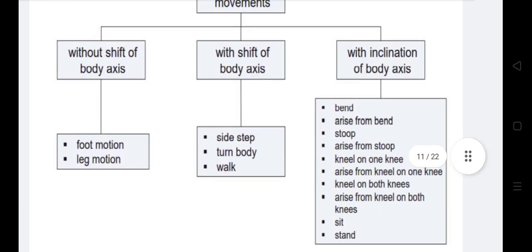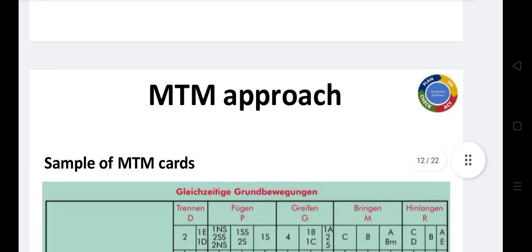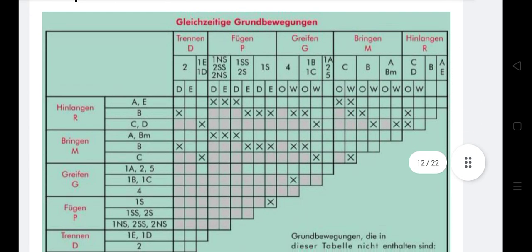Foot motion, leg motion, side step, turn body, walk. Bend, arise from the bend, stoop, arise from the stoop. Kneel on one knee, arise from kneeling on one knee, kneel on both knees, arise from kneeling on both knees. Sit, stand.